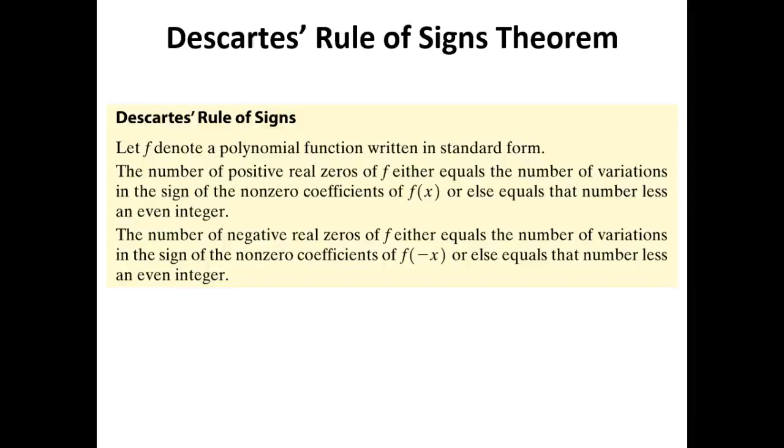And then we get another theorem. It's Descartes' rule of signs theorem. What this says is let f be a polynomial function written in standard form.